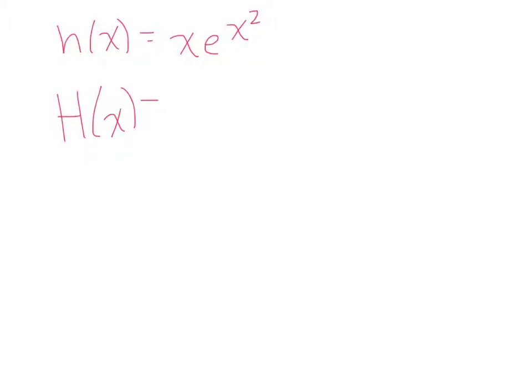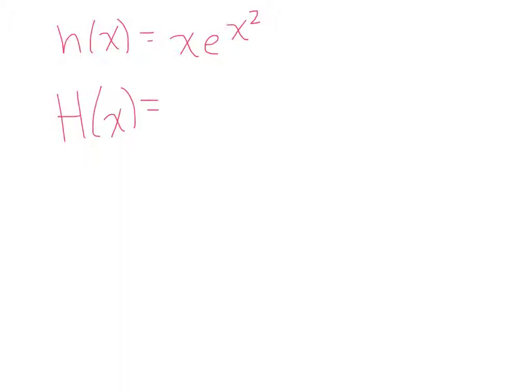One final example, we have h of x. Let's look at this one. h of x is x e to the x squared. So we're trying to think about, what did I take the derivative of to get to x e to the x squared?